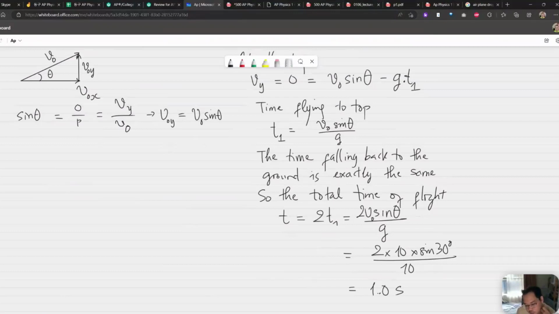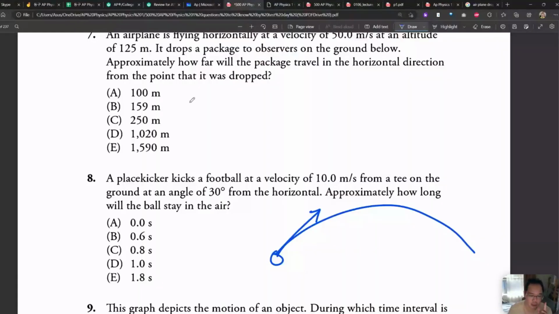The answer is 1 second. It is a little bit greater than 1 second, because g is 9.8, less than 10. So the closest value is 1, not 0.8, because 9.8 is just a little bit below 10. The answer is 1 second.